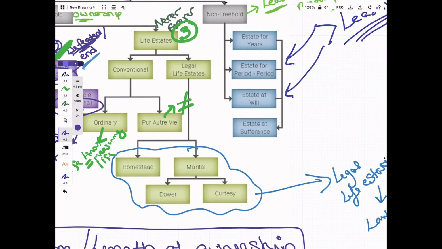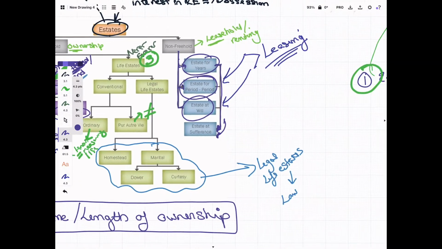We got an estate for years, an estate from period to period, an estate at will. And guys, do you see this line? It's there for a reason. The only way to get an estate at sufferance is through here. You were in one of these, and then when you didn't get out, it went down here. That is a lot.